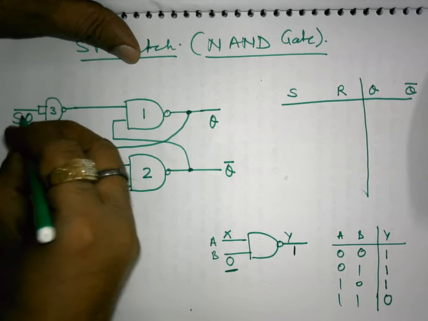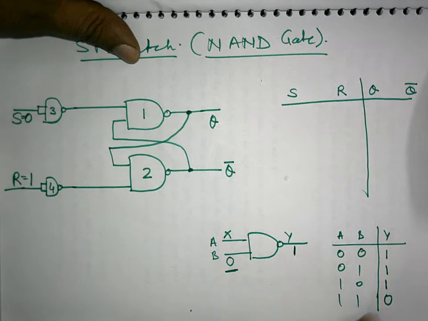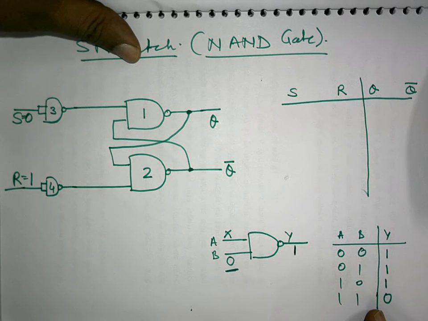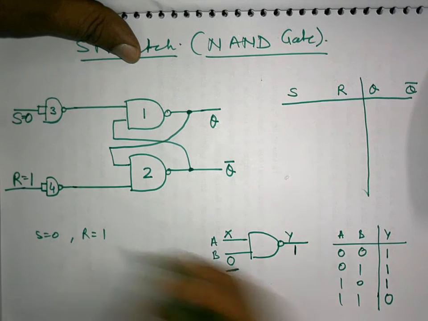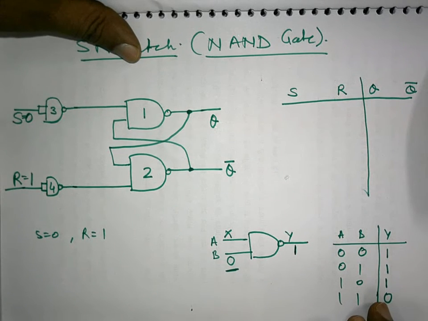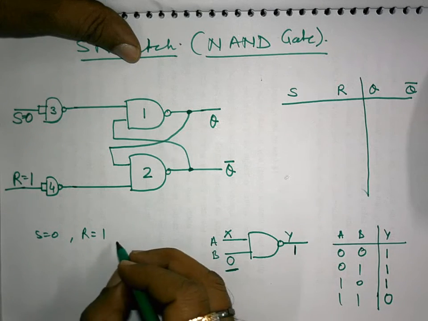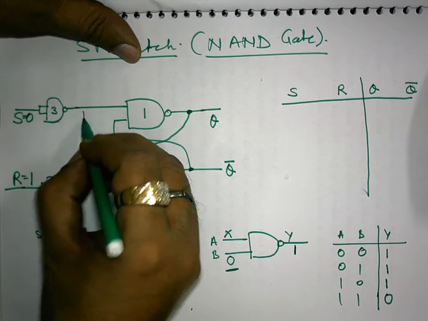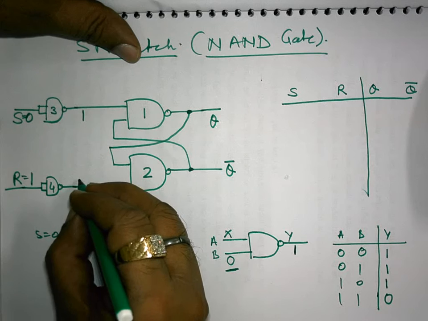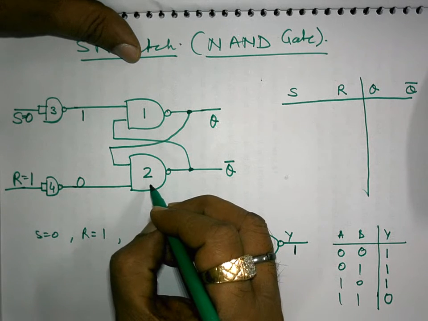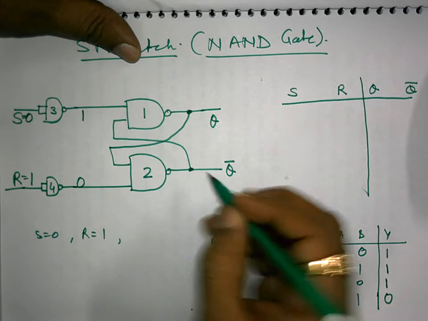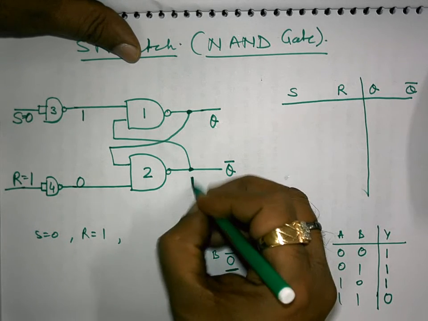Suppose S is equal to 0 and R is equal to 1. Let's see what will happen. 0 over here means 1 over here, and 1 over here means 0 over here. Who is going to make the decision? 0. This 0 will definitely make the output 1.